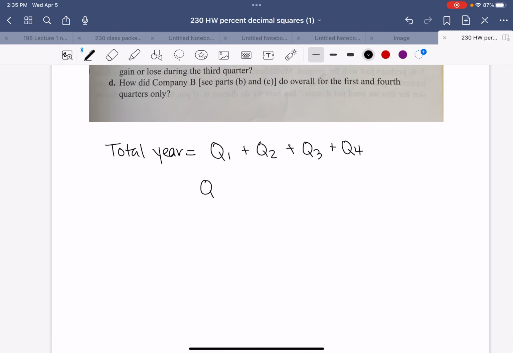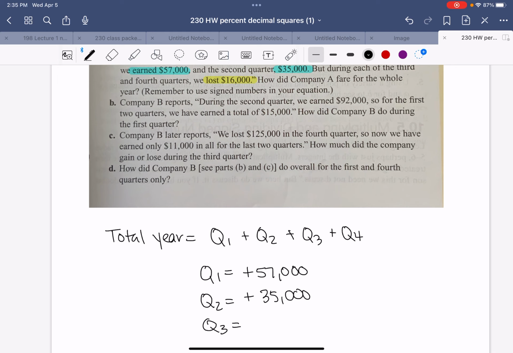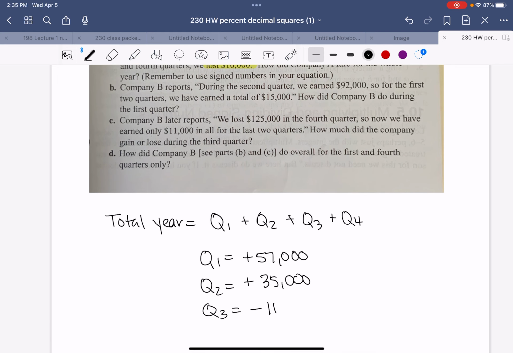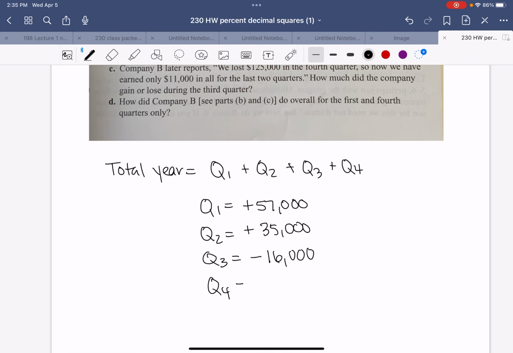Quarter 1 is positive, and I'm putting positive for effect, you don't need it, 57,000. Quarter 2 is positive 35,000. Quarter 3 is negative 16,000 because they lost that. And quarter 4, they lost 16,000 as well.